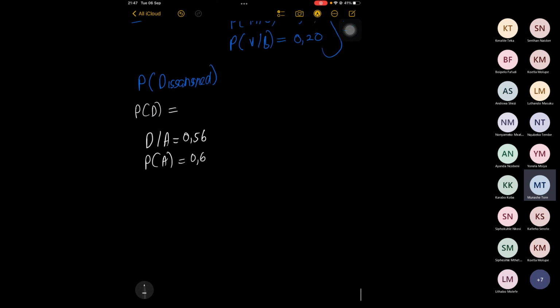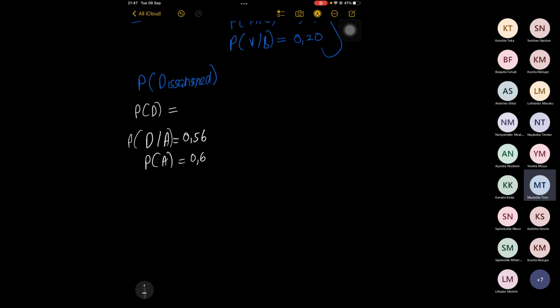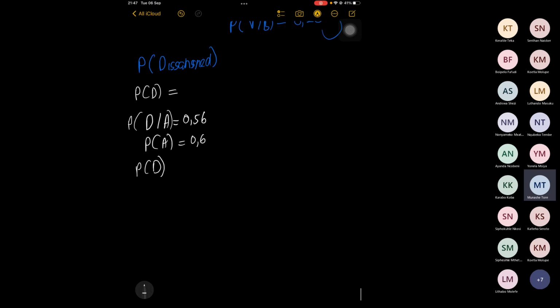Now what do you want to calculate? You want to calculate the probability of D, on this case only. How do you go about it? D given A can be represented as D over A. I'm just explaining it in mathematical terms.